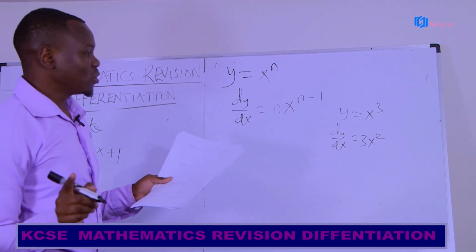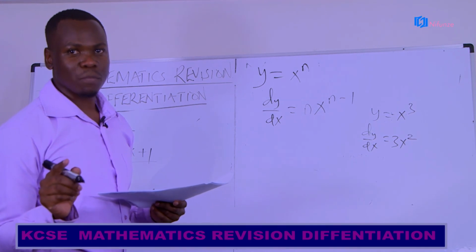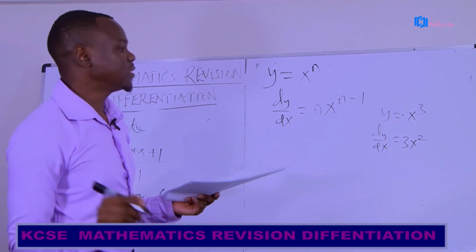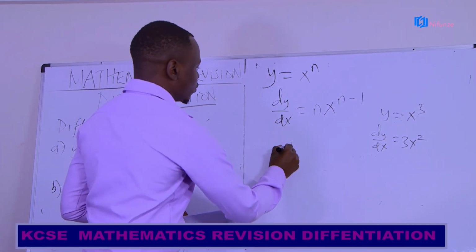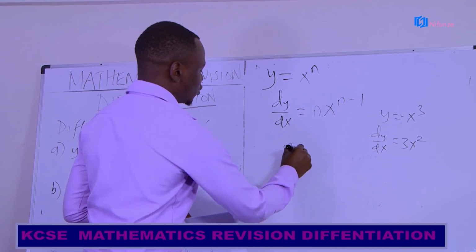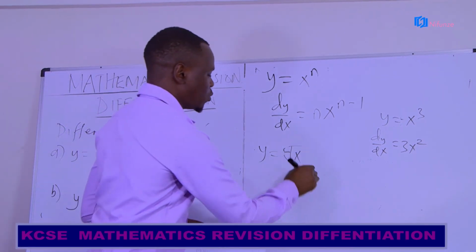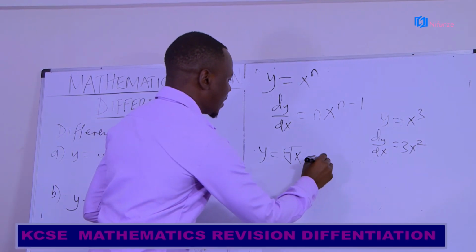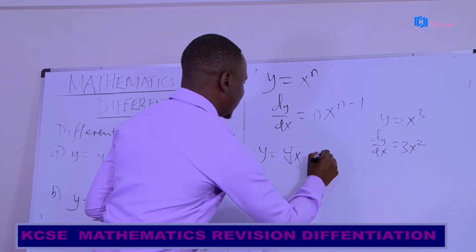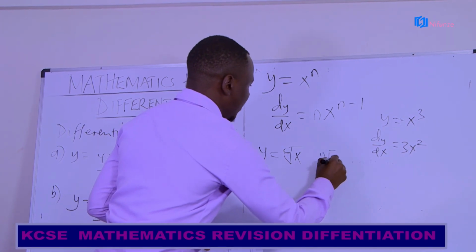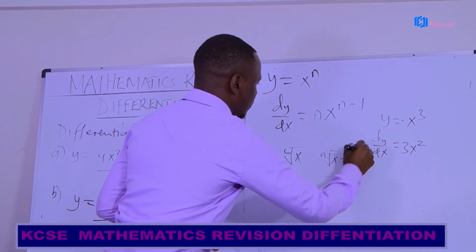We have also said that indices are very important. If you get the sixth root of a number, you are told to find the derivative of the sixth root. Remember what we said, you must first express this number in the form of, if we have nth root of x is equal to x raised to power 1 over n.